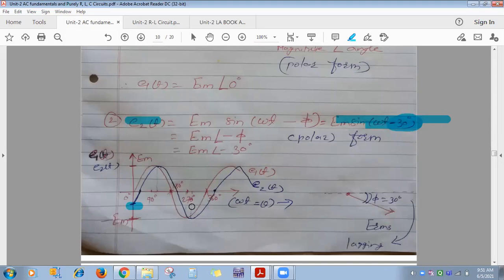Now here E1t, which is Em sin of omega t: its first positive peak occurs at what degree?